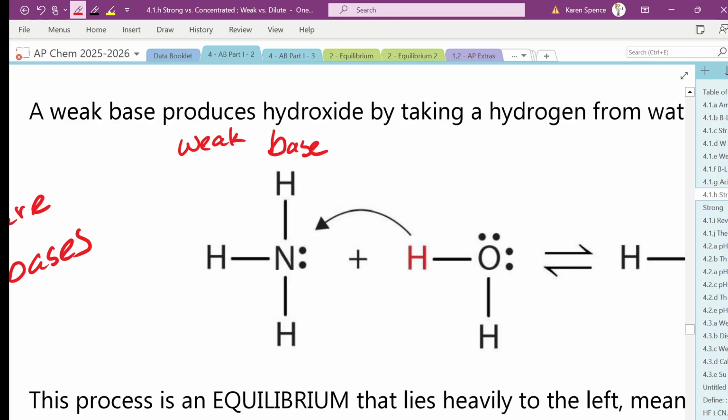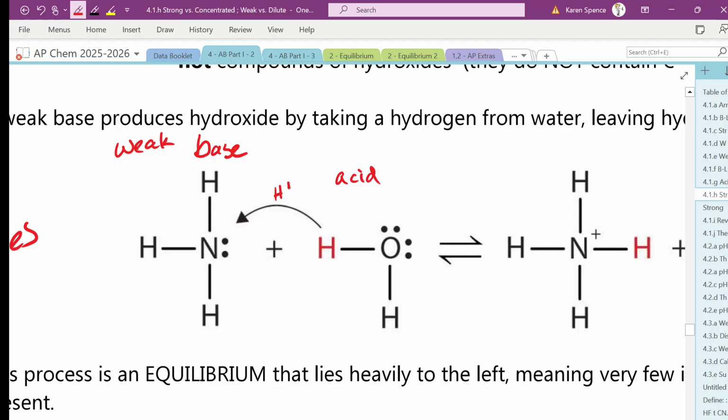And we have water, which is amphiprotic, but because it's with a weak base, it's going to act as the acid. It's going to give its proton, H+, to the NH3. The H is going to tack on to this lone pair right here, and that bond is going to form there.